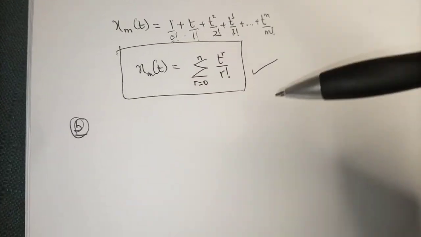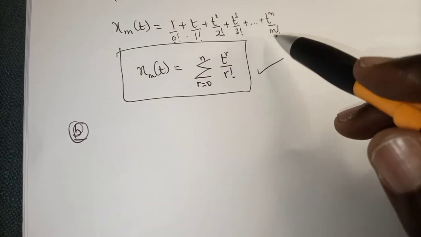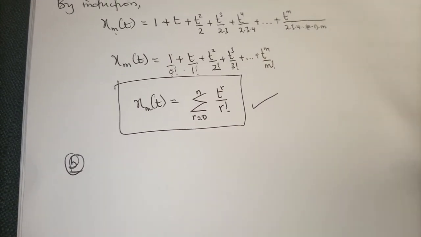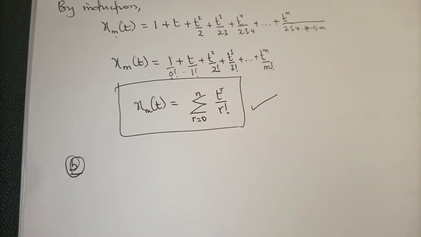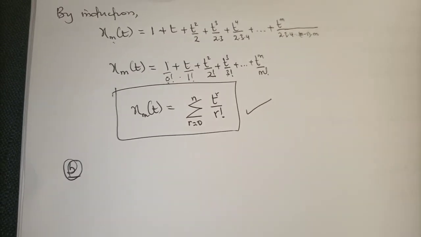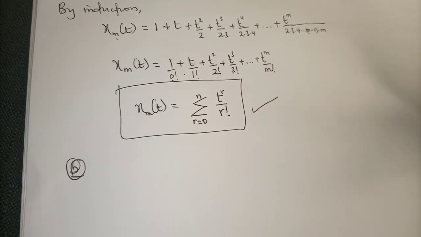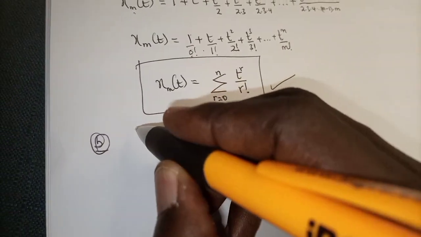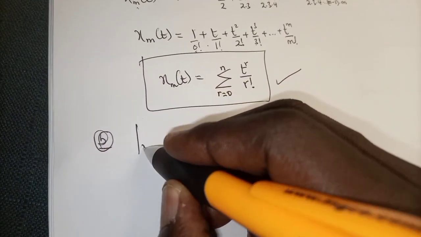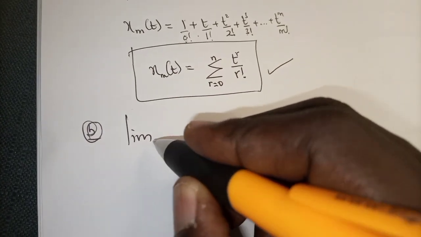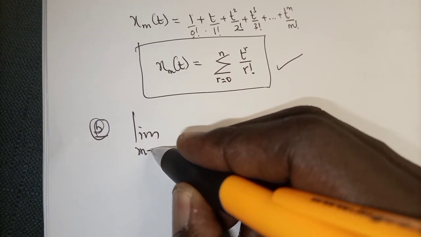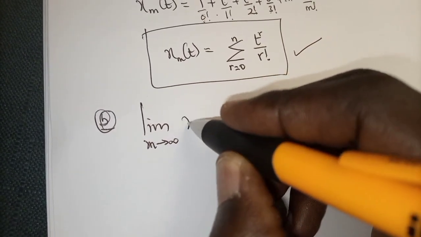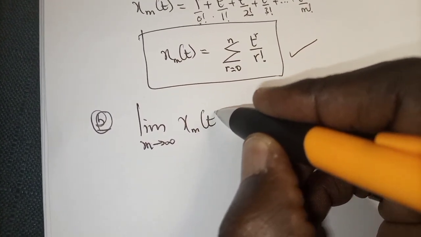If you should repeatedly add all these values to an unlimited series, then that means that it should be getting closer to an exponential function. So we have the limit as m approaches infinity for the function x sub m of t.